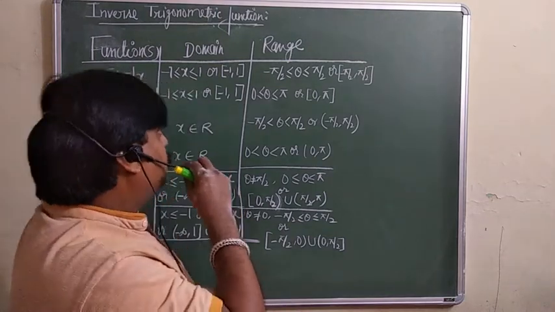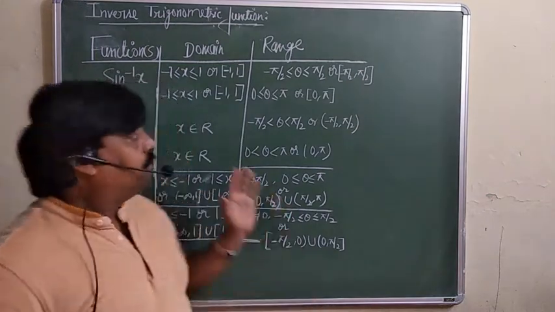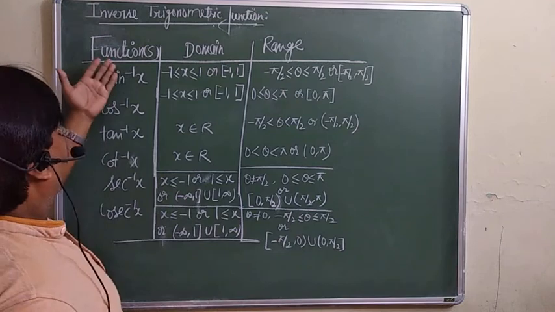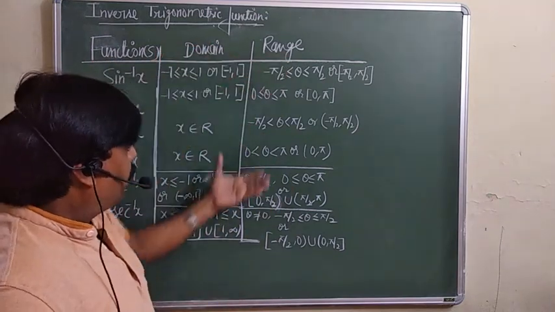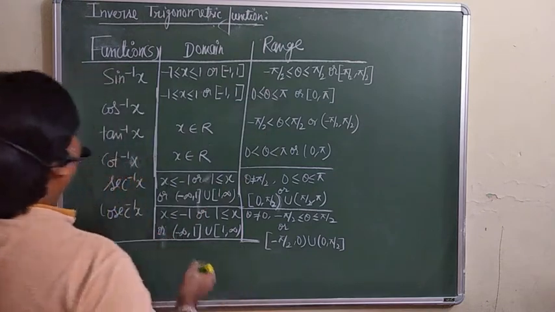Okay, now this is the table. It is very important to understand this for this entire chapter: function, domain and range. The question is, how can we remember this table? Look here now.